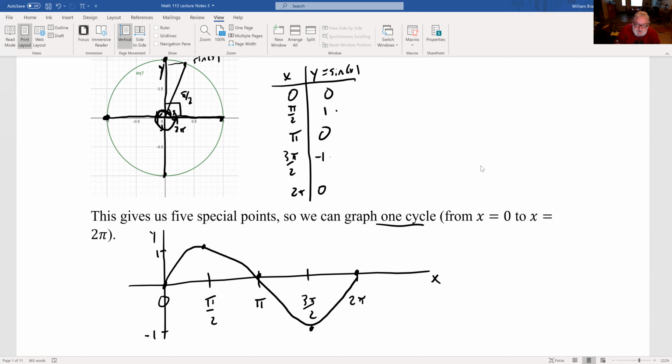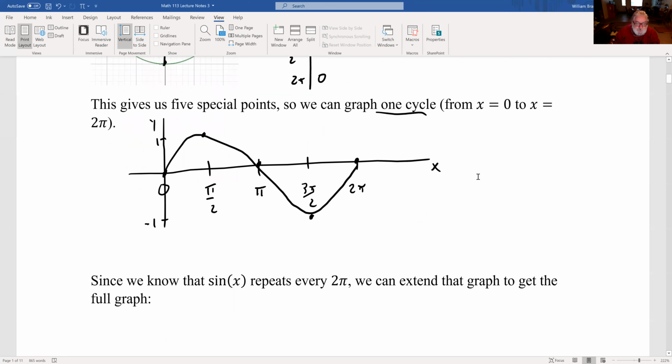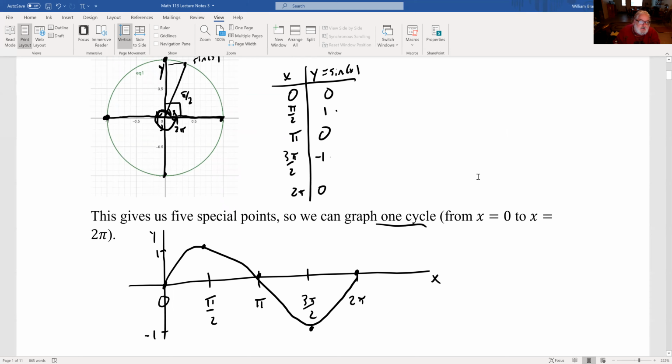And this is one cycle. We're just going from 0 to 2 pi. But what does it look like if we continue that? Well, we went around a circle once, 2 pi, that brought us back to here. And notice every time I go around the circle from 0 to 2 pi, my sine values come back to the same thing.